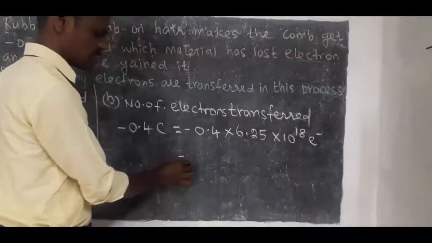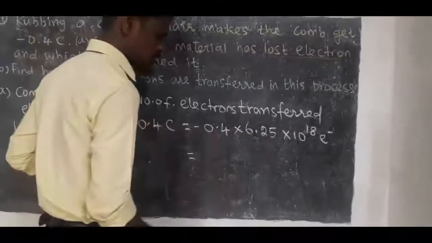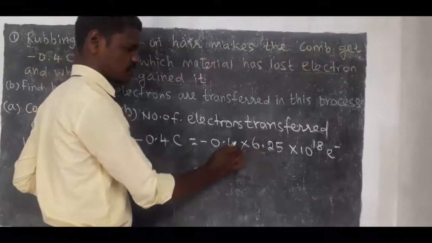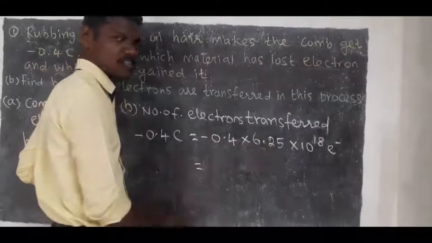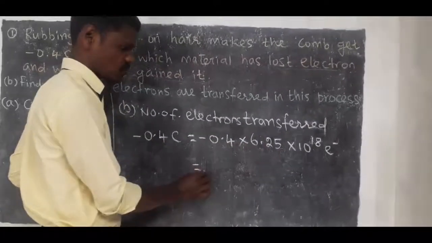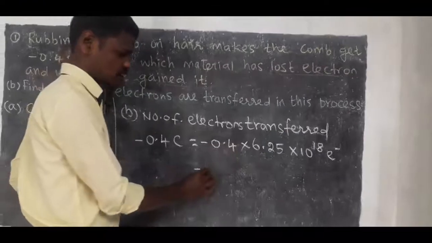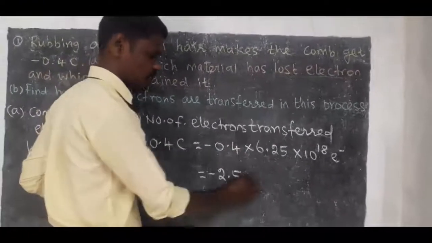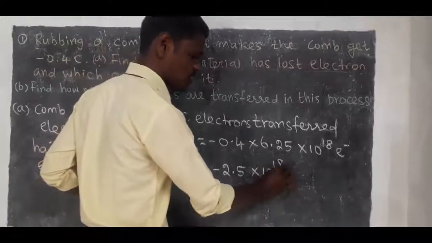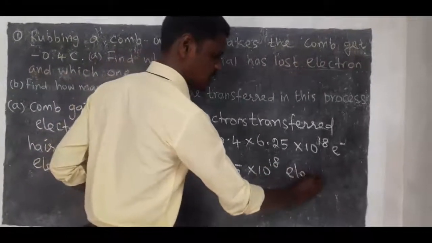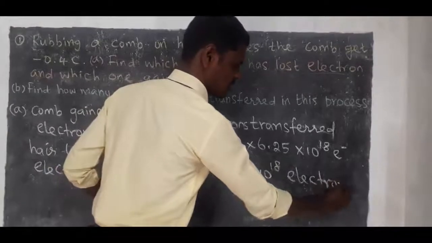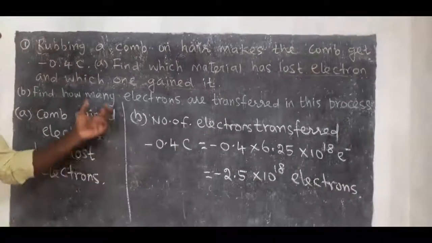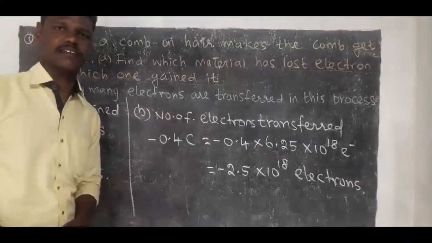So here we can multiply minus 0.4 into 6.25. That is easy. Minus 2.5 into 10 power 18 electrons. So this many electrons are transferred in this process.